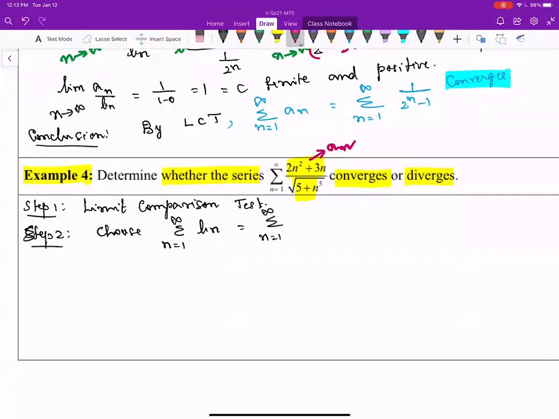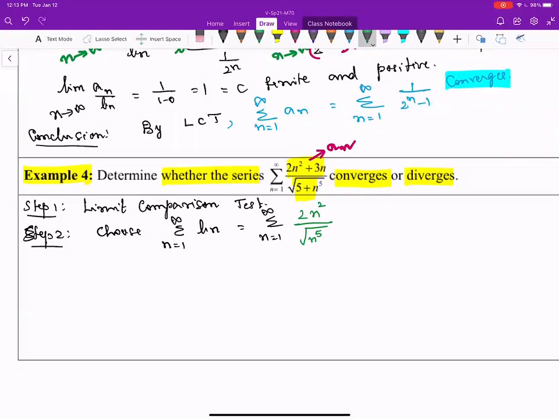Look at the numerator. So that is 2n square plus 3n. So choose the leading term with a higher coefficient for the numerator of Bn. Then for the denominator, again, the highest exponent, which is n to the power 5, but square root of that.